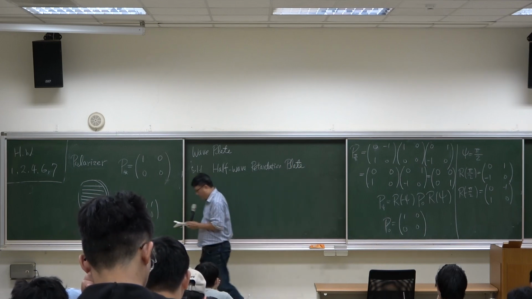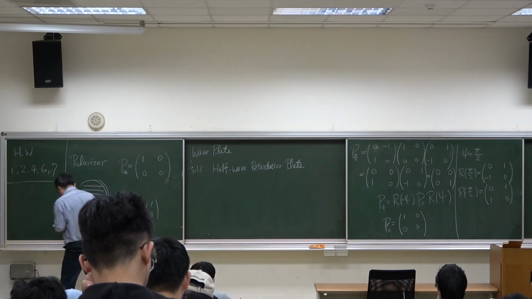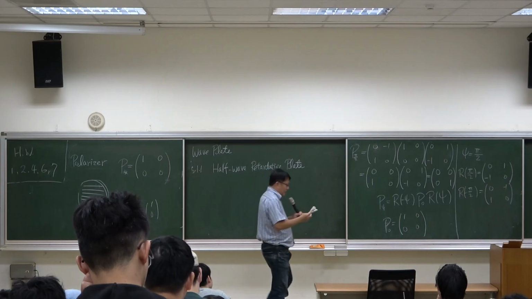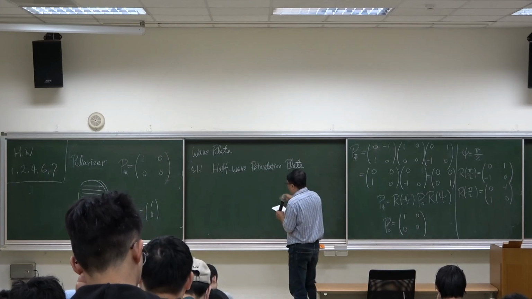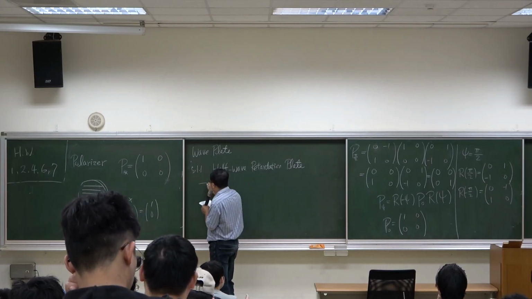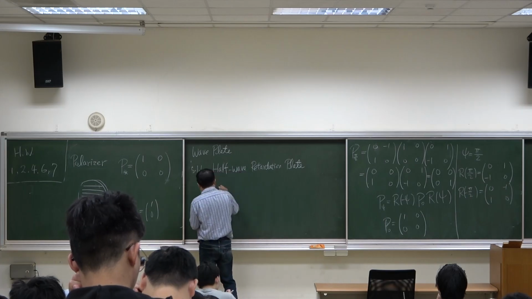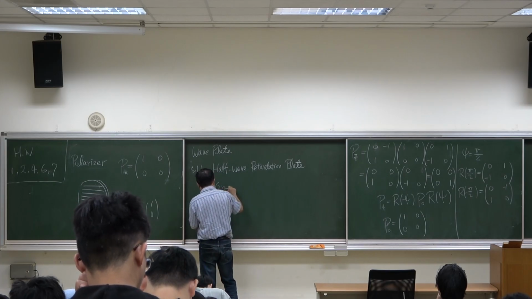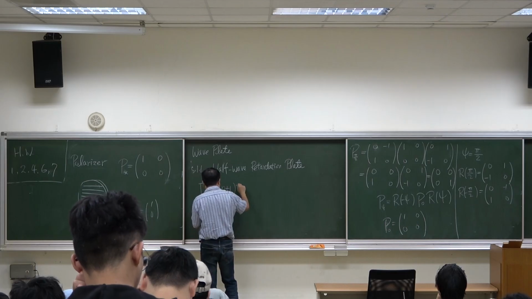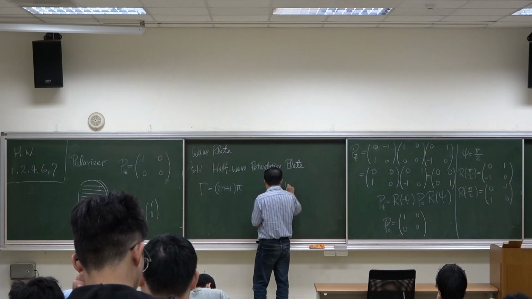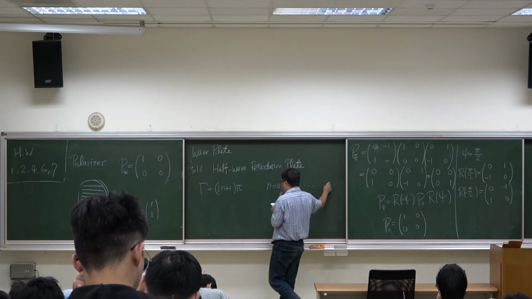It is called a half-wave plate. What does half-wave plate mean? Here we have gamma equal to 2m plus 1 times pi. Here m is equal to 0, 1, 2, and so on.